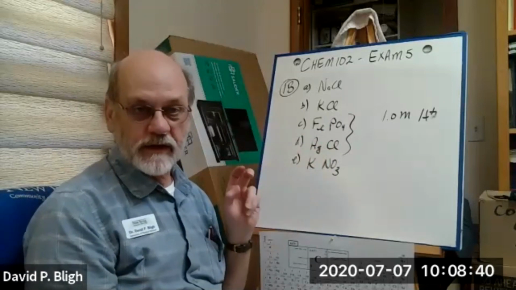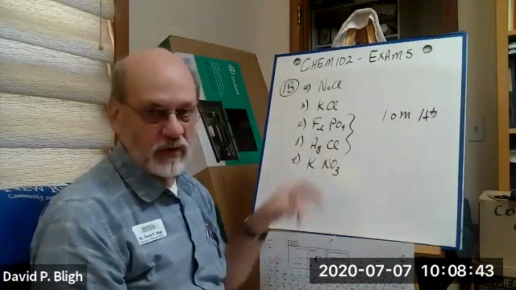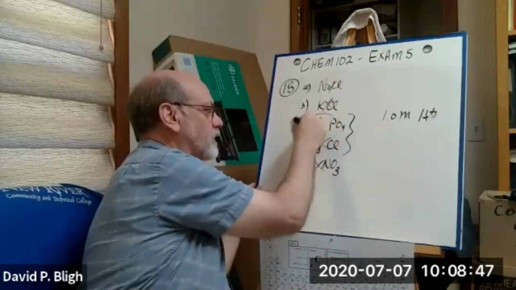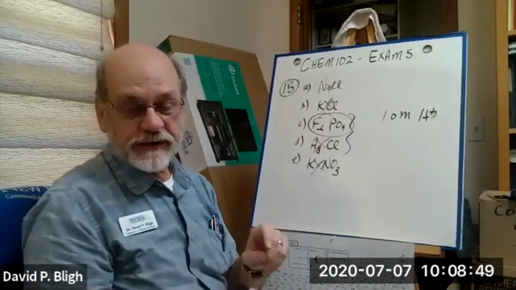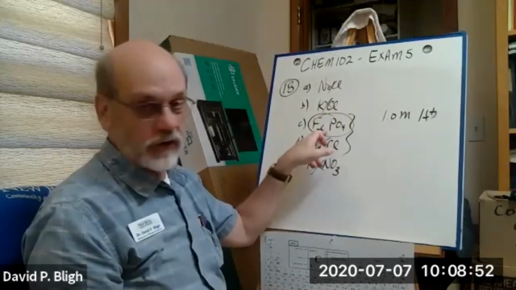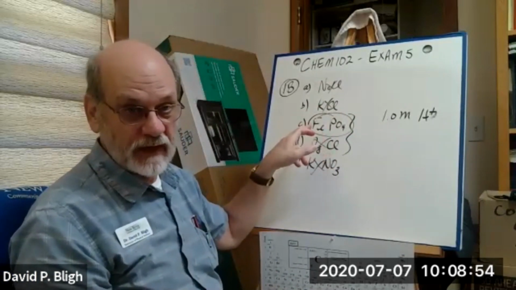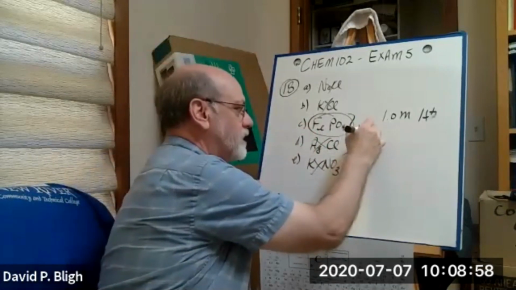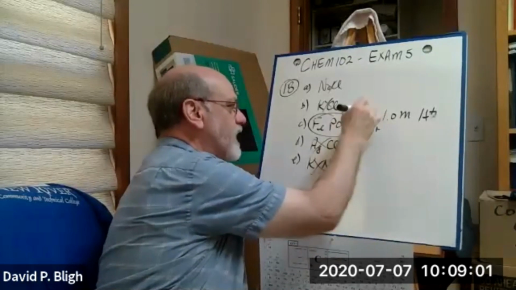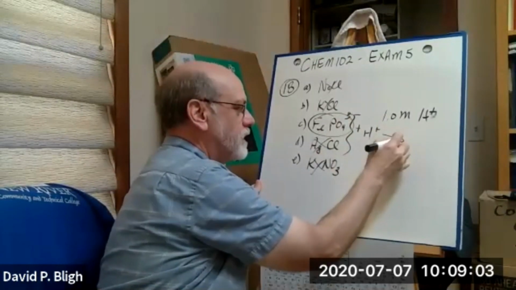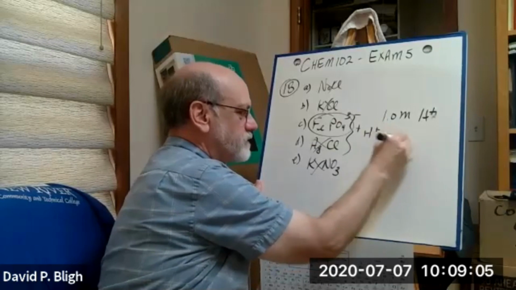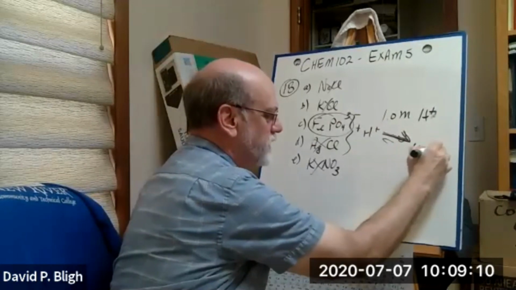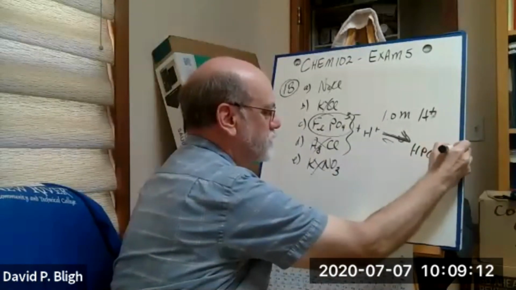Chloride ion is a weak base. It doesn't want that proton, right? So that only leaves this one. You will increase the solubility of iron 3 phosphate in solution because this 3- ion forms, actually it's a big arrow this way, HPO4 2-.